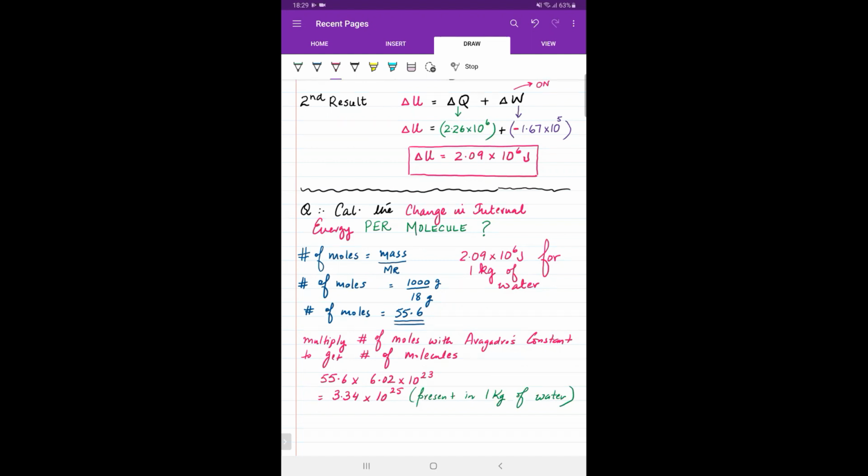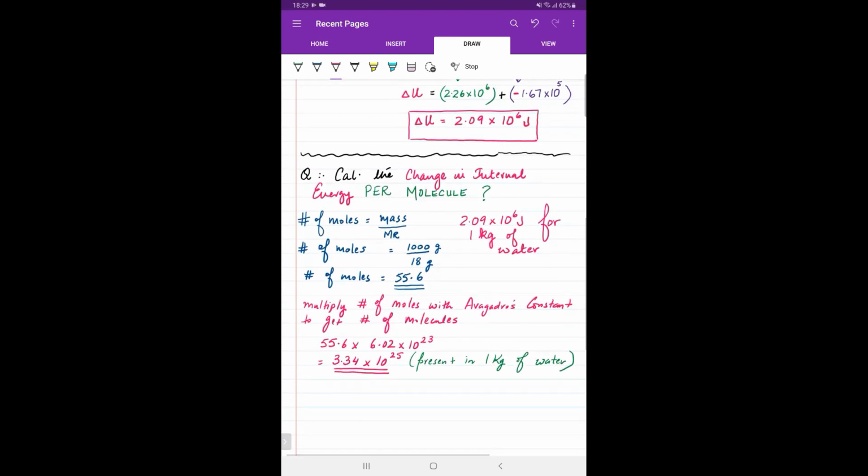So finally I can calculate the change in internal energy per molecule.